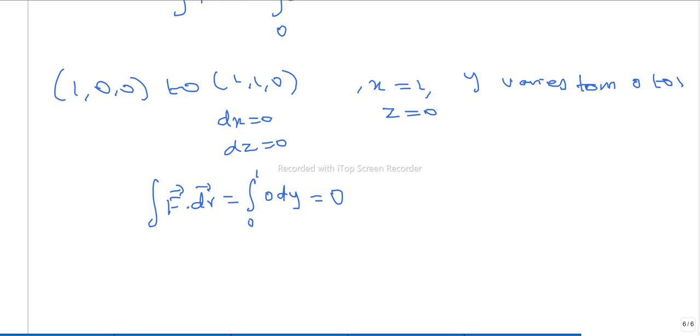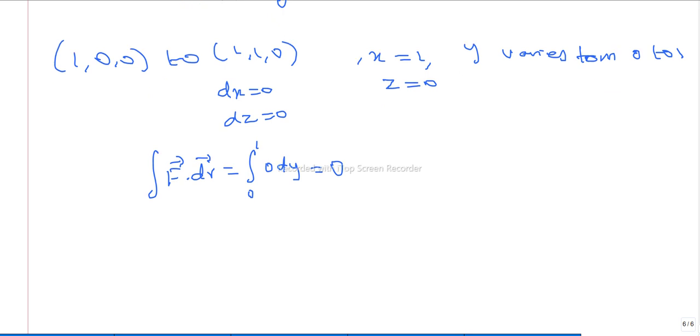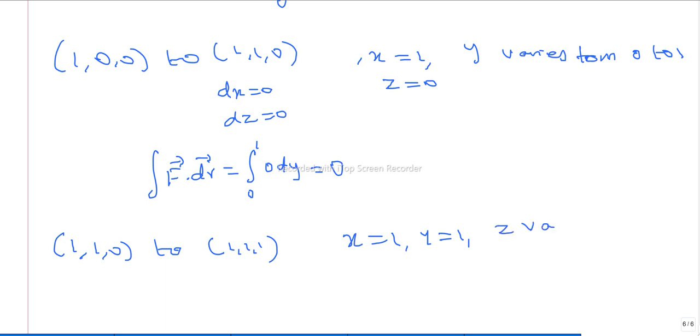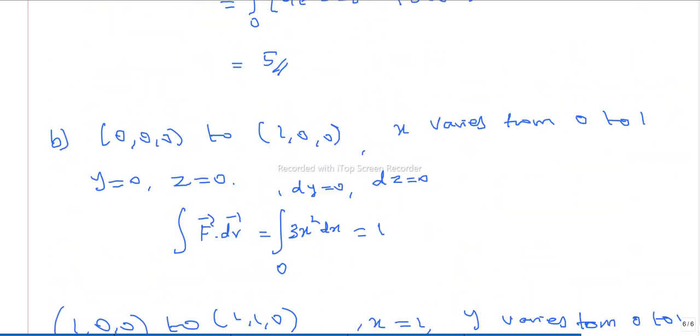After that, from the point (1, 1, 0) to (1, 1, 1). Here x is 1, y is 1, but z varies from 0 to 1. Therefore dx is 0 and dy is 0, so the first two terms cancel and only the last term remains.